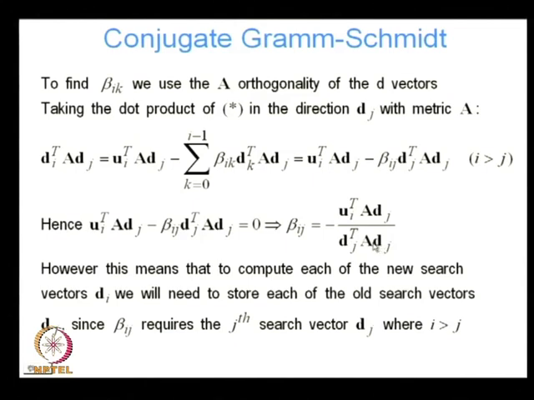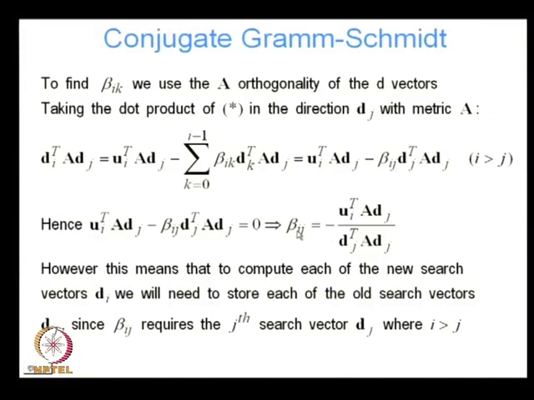What does it mean? It means that to compute each of these beta ij's, I have to know all my previous search directions, right. Suppose I am computing my third search direction, D2. So, I know D0, I know D1, I want to compute D2, right.